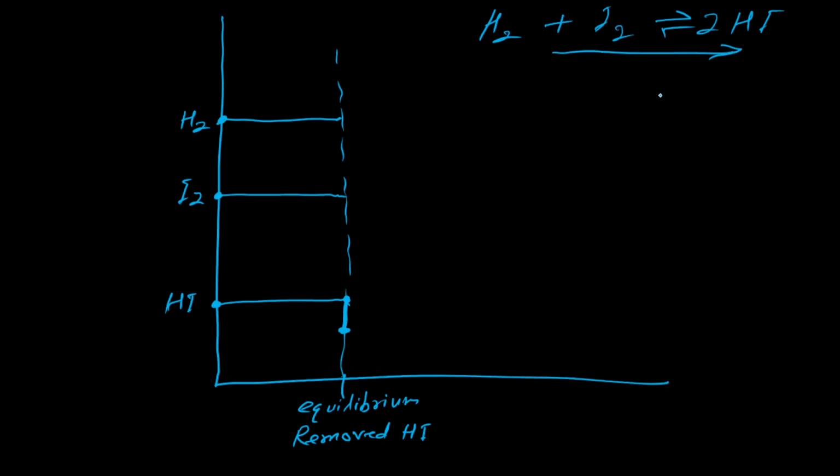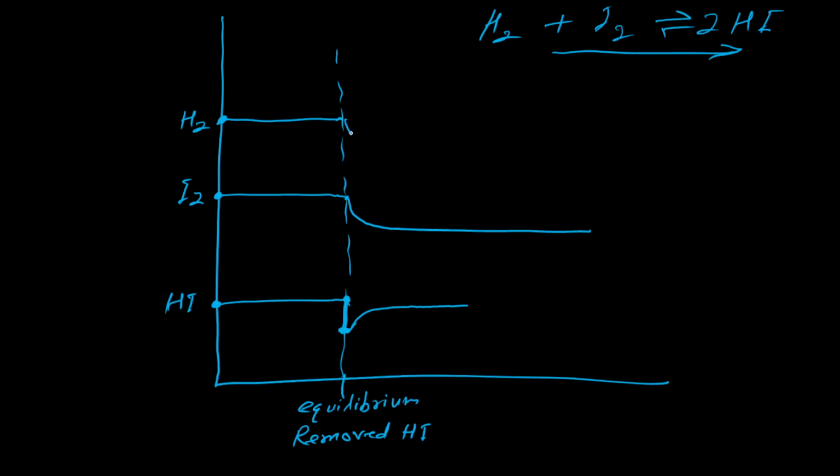Why? Because it will try to increase the concentration of HI. You have reduced it, you have removed HI. The reaction will try to produce it. So what will happen? From here, the HI concentration will start increasing and will attain another constant value. Hydrogen iodide will get consumed because the reaction goes into forward direction.